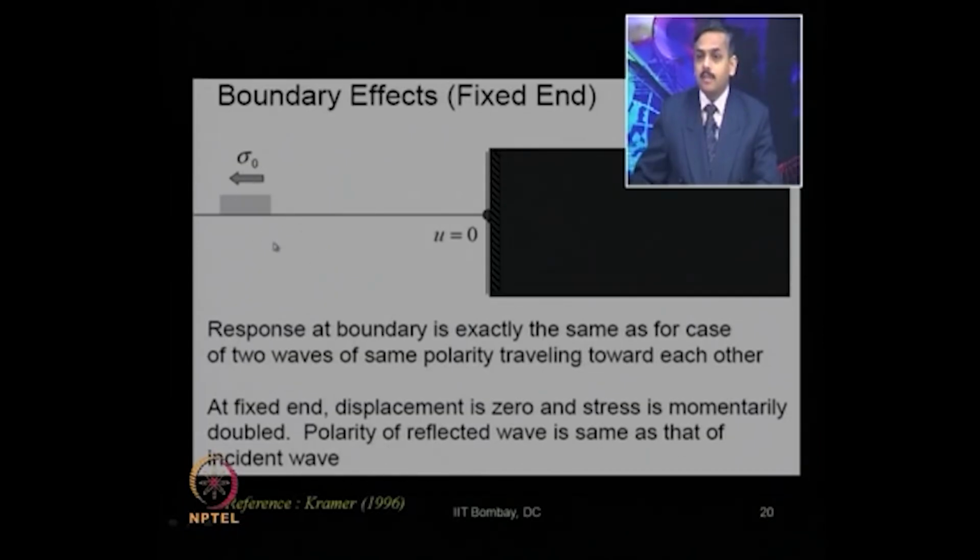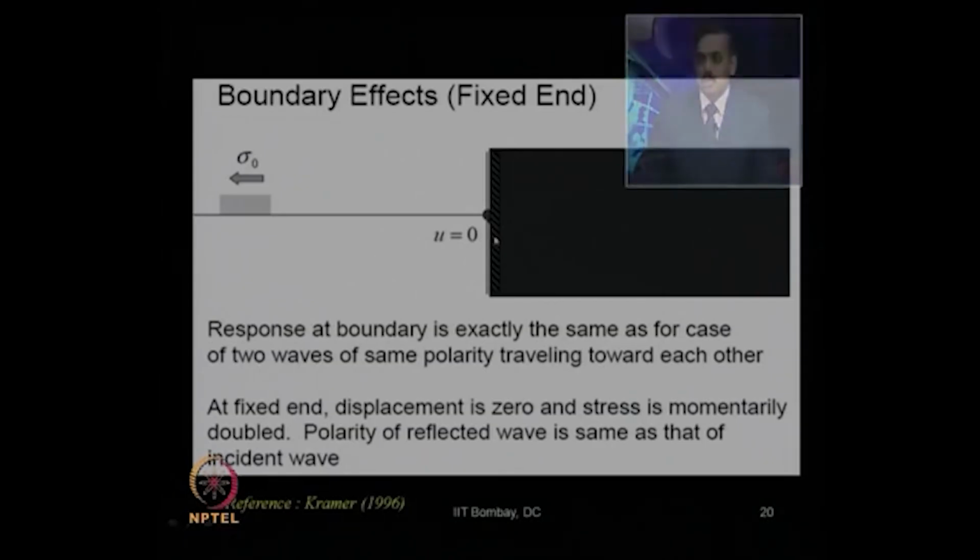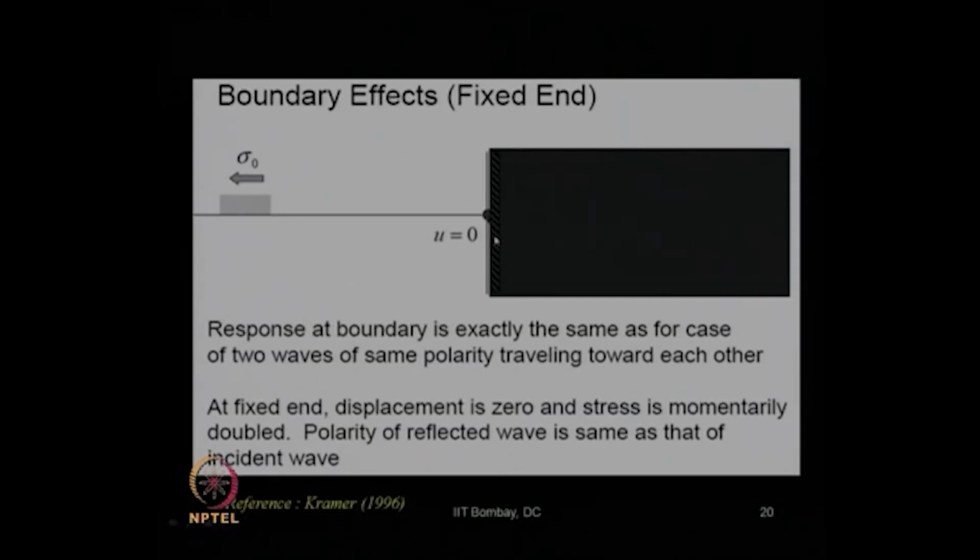How does the stress get doubled at the fixed end? Suppose it has an amplitude of sigma naught, it travels, comes to the fixed end as an incident wave, which falls on this boundary of the fixed end, then gets reflected back with the same magnitude or same amplitude of stress. So, that is why at this fixed end it gets doubled.